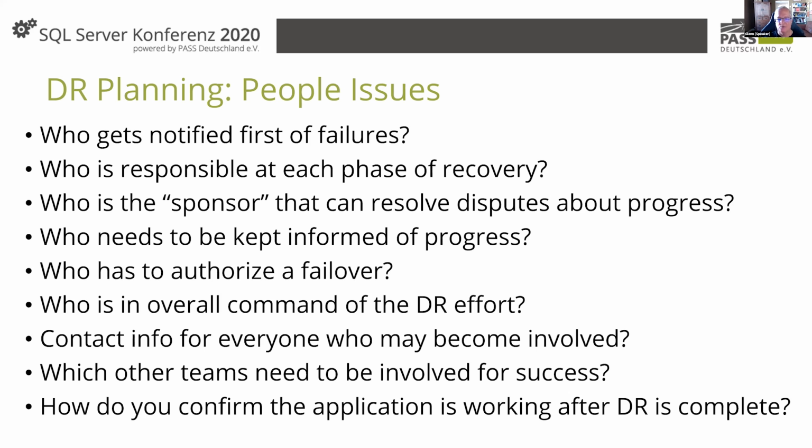Oh yeah, it seems like it works. I think we're okay. But then you might find out that some little piece of it that you're not really aware of doesn't work. So Sally in accounting tells you the next day, hey, payroll doesn't work because you didn't bring us back all the way online. You need to have enough people who know how to test everything and say that yes, everything is working, or else you're going to have complaints and you're going to be the one that gets blamed.